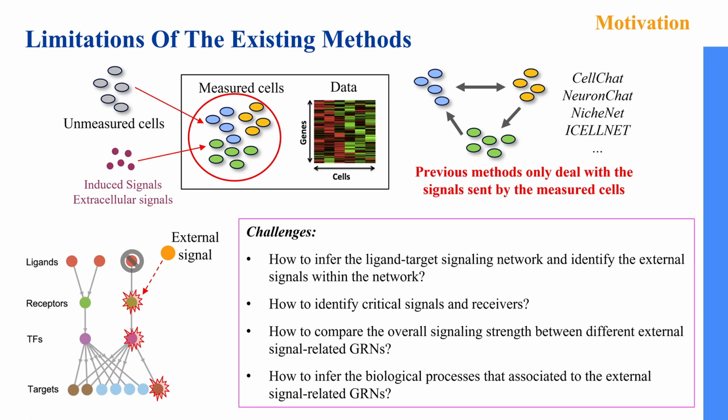And this is just one network. What if we have multiple signaling networks? How do we compare the overall signaling strength between different external signal related networks? And also, once we have the network, we want to know how to infer the biological processes that are associated with these networks. So these are a few challenges and a few goals that we want to achieve when we develop this method.